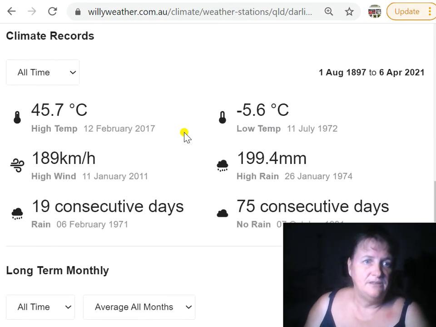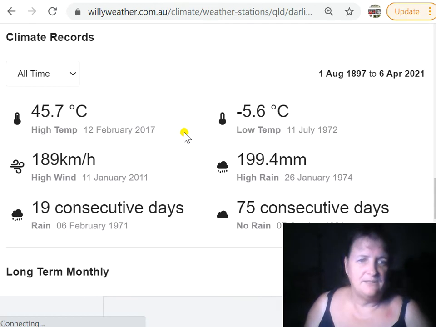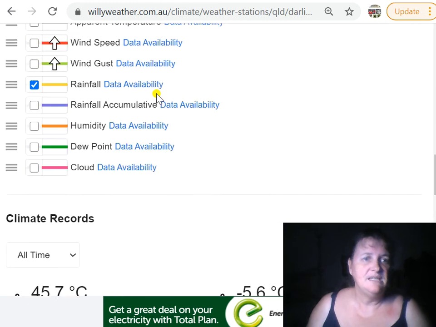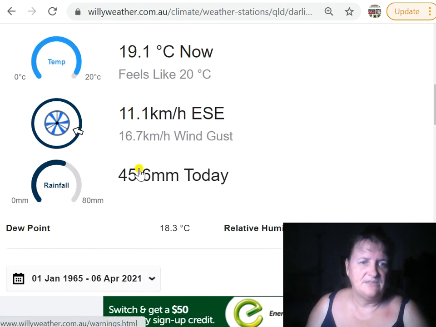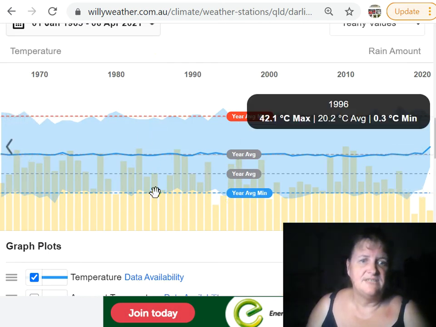Now, wileyweather.com.au is where I've gotten some of my information from, and this gives you a nice little snapshot. I've come in here, put the postcode down and all that sort of thing, and it tells you what the temperature is right now. And this is really interesting. I'm going to get into this in a minute.